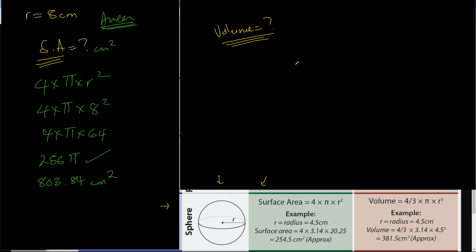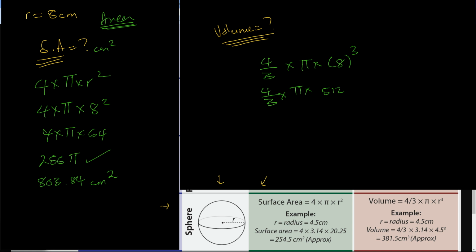The volume is going to be given by 4 over 3 times pi times radius cubed, and the radius is 8. So that's 4 over 3 times pi times 8 cubed, which is 512, times it by 4, divided by 3, comes to 682.67.